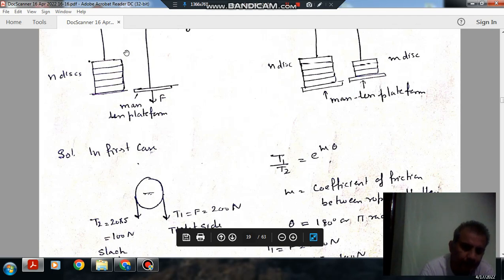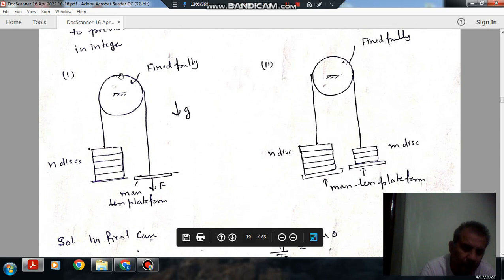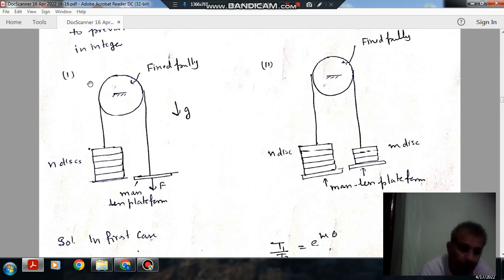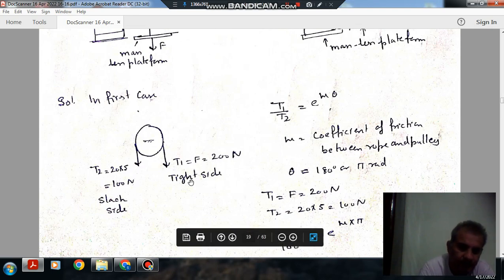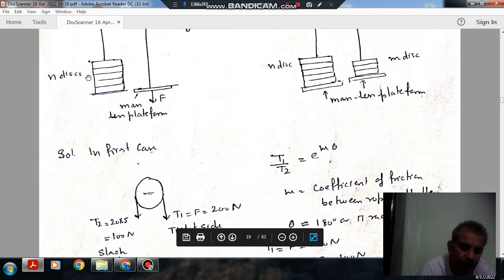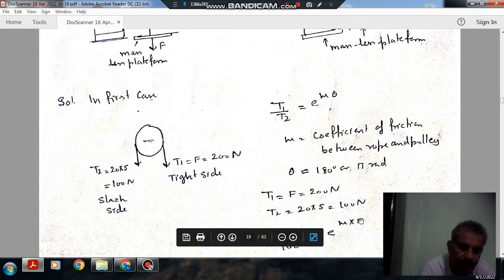As the weight is moving upwards, the pulley is rotating in this direction. So this will be the tight side, this will be the slack side, and the tight side tension is 200 Newton and the slack side tension will be 20 into 5, that is 100 Newton.